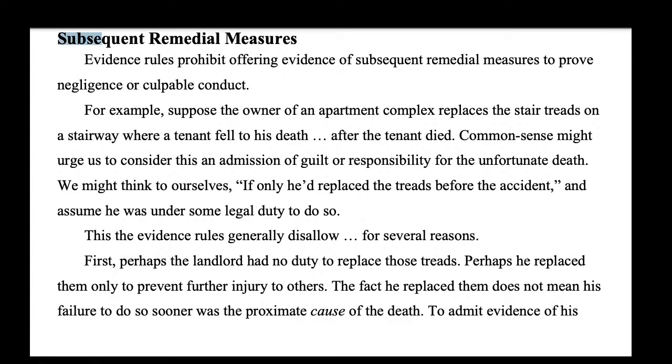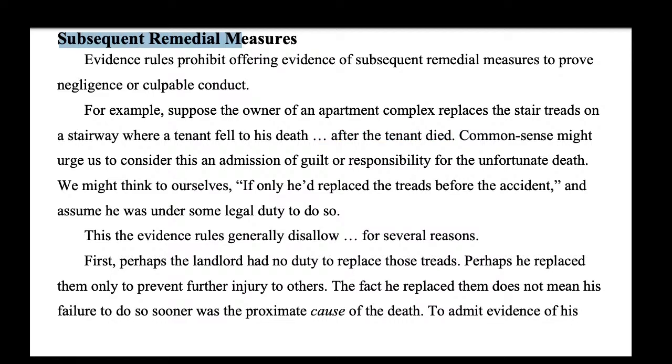Subsequent remedial measures. Evidence rules prohibit offering evidence of subsequent remedial measures to prove negligence or culpable conduct. For example, suppose the owner of an apartment complex replaces the stair treads on a stairway where a tenant fell to his death, after the tenant died.